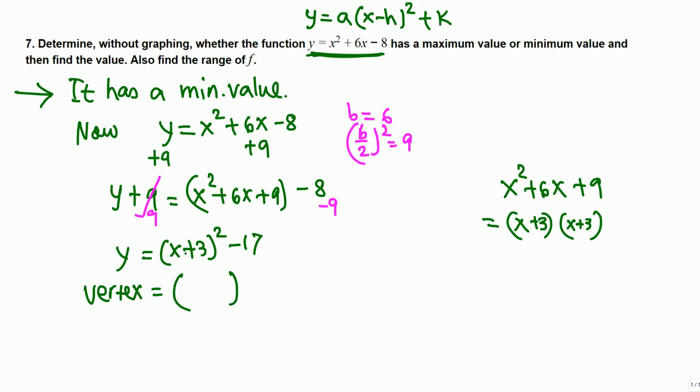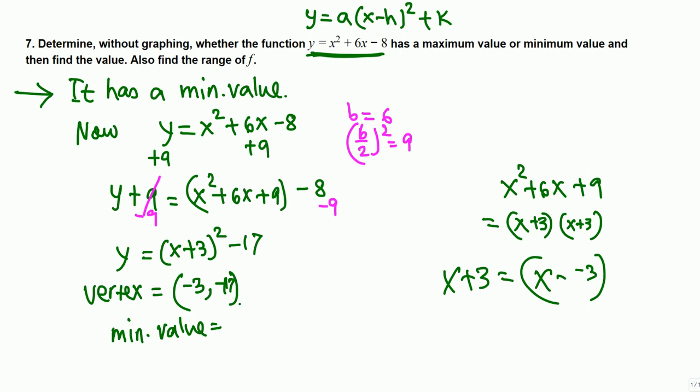This should be written x minus h, but we have plus 3, so x plus 3 is the same as x minus negative 3, so negative 3 is h, and k is negative 17, and this is the maximum or minimum value, in this case the minimum value. So the minimum value is this k part, -17.